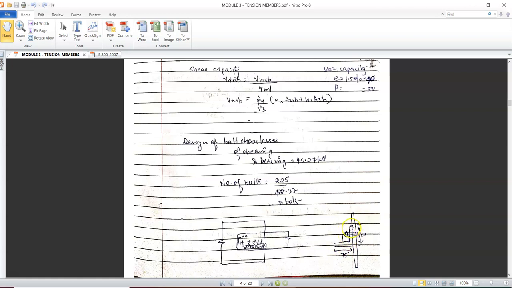The angle says 100 into 75 into 6. So the 100 mm leg is the connected leg which is connected to the gusset plate, and this 75 mm is the outstanding leg. Now it is as good as a connection between two plates, that is the 100 mm leg and the gusset plate. First we have to design the connection.